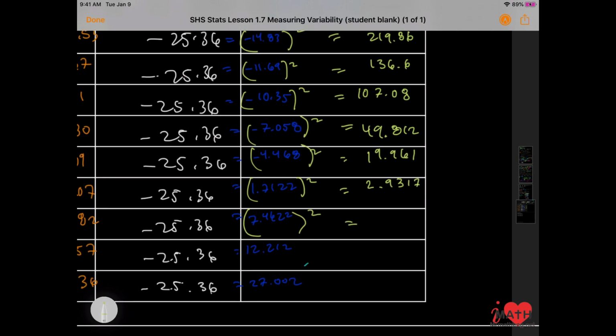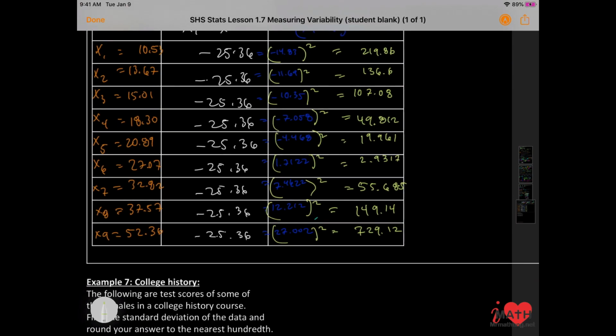So all these numbers here I'm writing in yellow should be positive. 55.685. Square that number, you will get 149.14. And square this number, and you get 729.12. Okay, in yellow there.